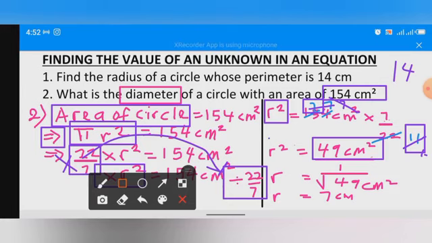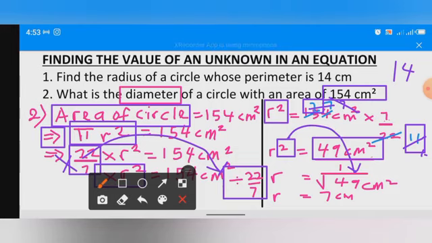Now this is r squared, and we are looking for r. For us to find the diameter, we find r first. So the squared here, we take away from r. When you take squared away to the right hand side, it becomes square root.